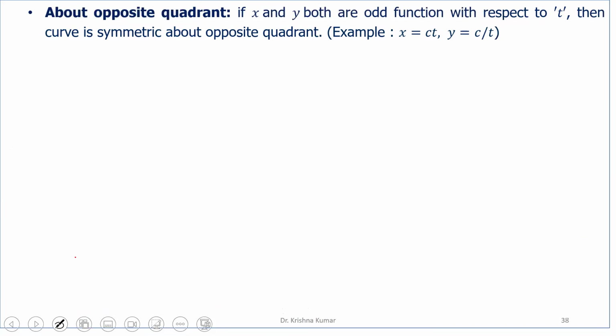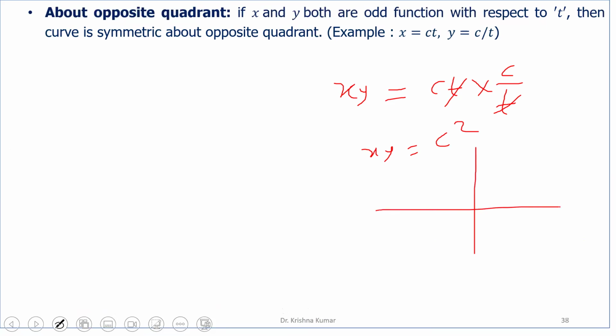If we just multiply x equal to ct into y equal to c by t, the t's will cancel. It is nothing but xy equal to c square. It is a rectangular hyperbola. So just look here, it is symmetric about the opposite quadrant. For symmetry about the opposite quadrant, both the functions should be odd functions.